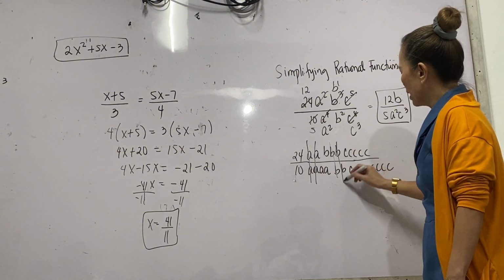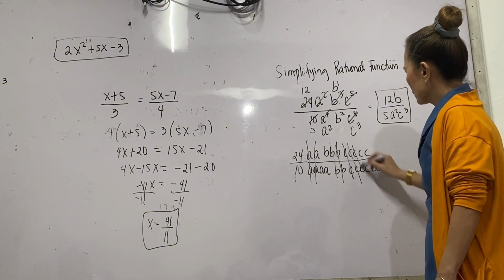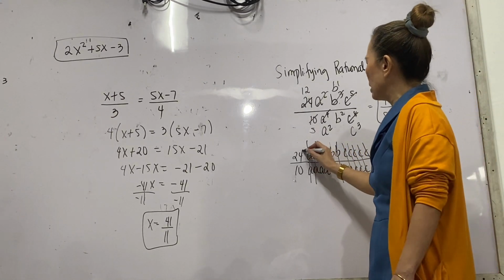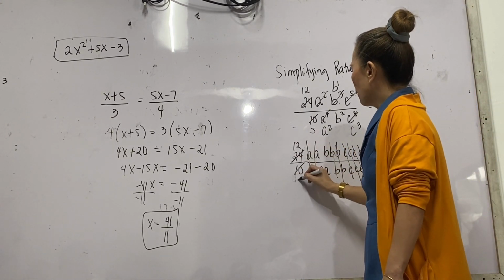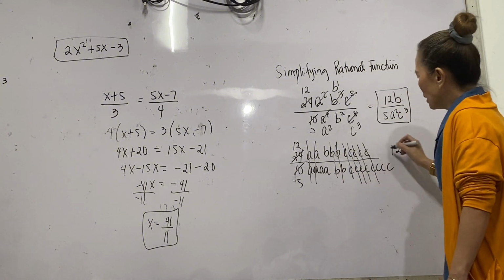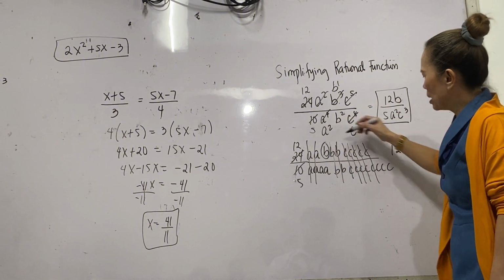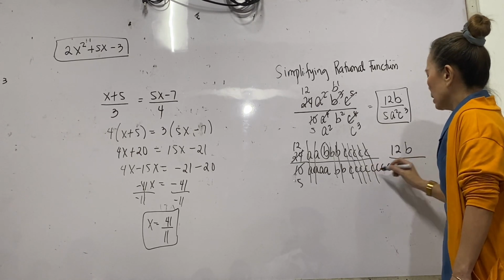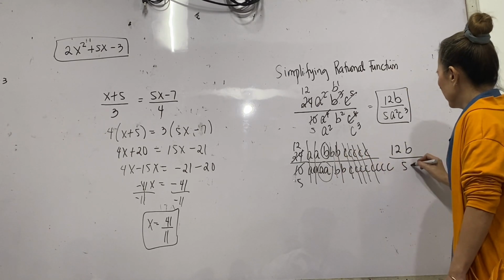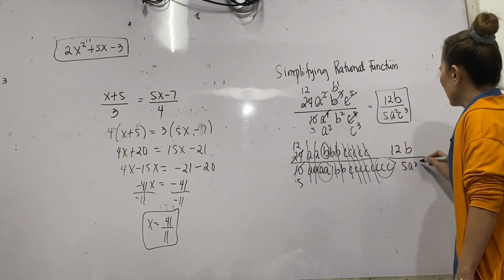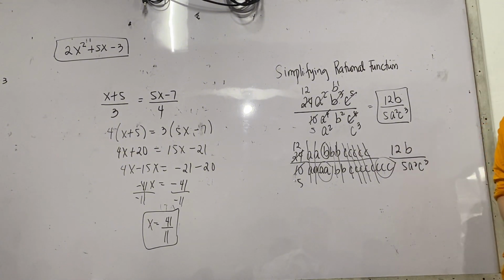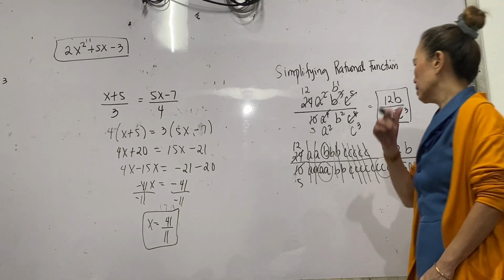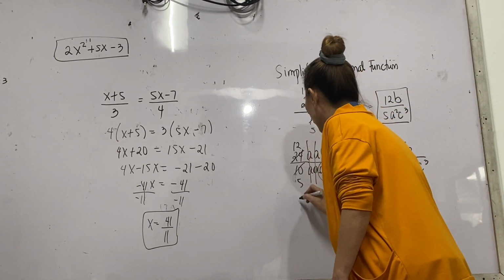Parang ganito lang po yan. Ano natira sa 24 tsaka 10 na pinaliit, 12 and 5. Kaya po 12. Ilan na natira sa taas? Isang b. Ilan na natira sa baba? 5. Ilang a? 2. Ilang c? 3. Nasusundan po ba? Nasusundan. Okay. So let's have another one.